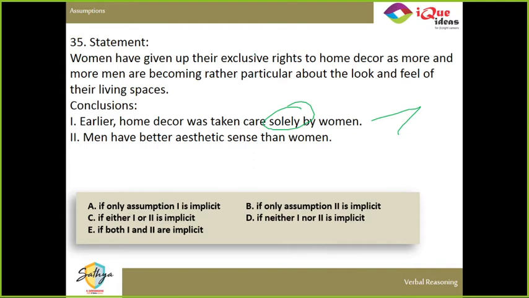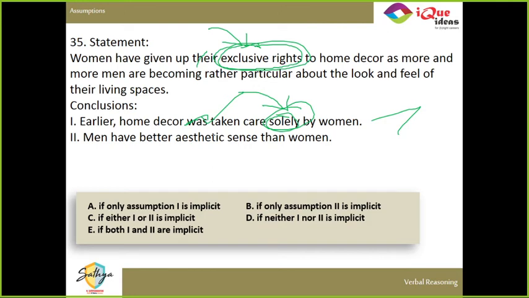Yes. If you say that women have given up exclusive rights, which means before only women used to do it, the word exclusive rights clearly indicates this. So the first one is definitely true. If we say that home decor was taken care only by women, only then we say they had an exclusive right, and now the exclusive right has been given up. So first, definitely true.